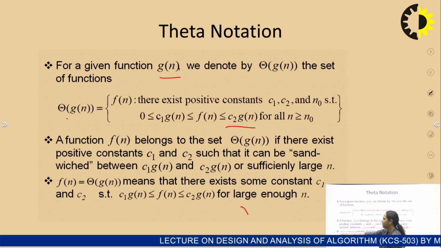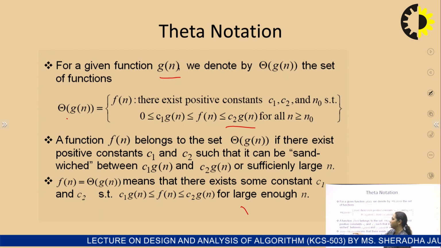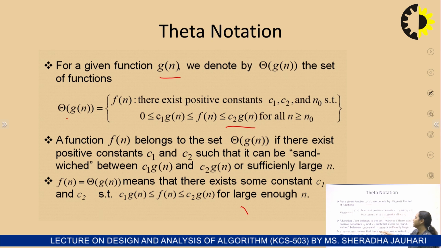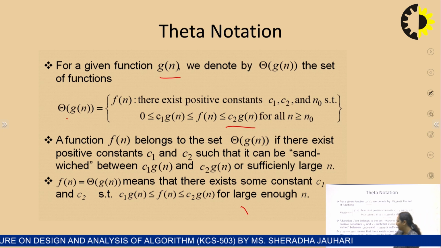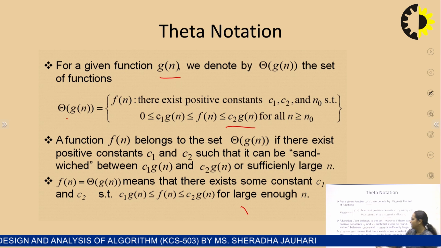Or in other words, f of n equals theta of g of n means that there exist some constants c1 and c2 such that c1 g of n is less than or equal to f of n, which is in turn less than or equal to c2 dot g of n for large enough n.